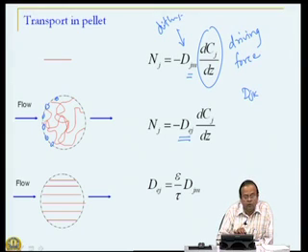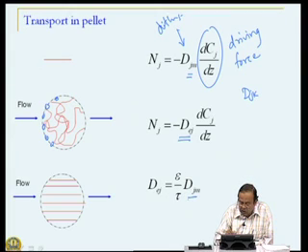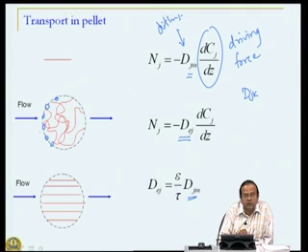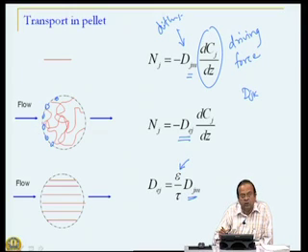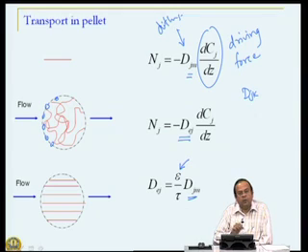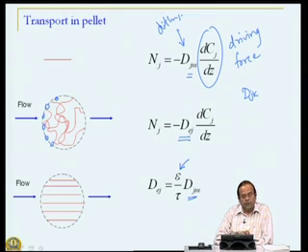So, if you are going to describe the flux in terms of properties of the catalyst pellet, so surface area let us say, this D_jm from here has to be modified because only a fraction of this is available for flow and that fraction is the void fraction. So, D_jm gets multiplied by the void fraction.